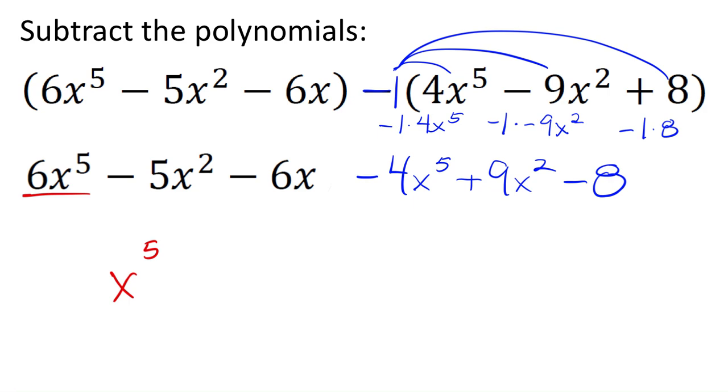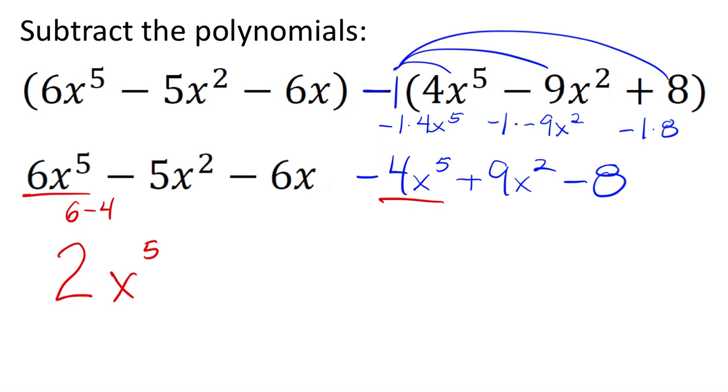But the next term, -4x to the power 5, yes, this one is a like term. And so we'll just kind of note that. Continuing though, positive 9x squared, not a like term because the exponent's 2, and then the constant -8. So how many x to the power 5s will I end up with? Well, it's +6 minus 4 is 2x to the power 5s. And that takes care of those two like terms.